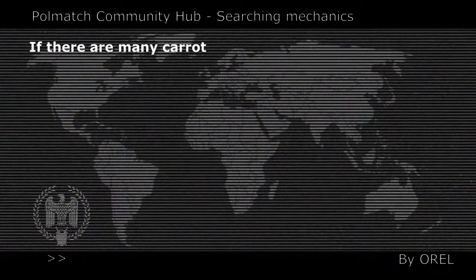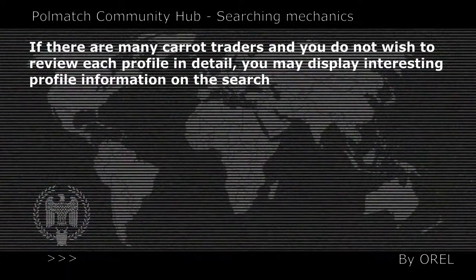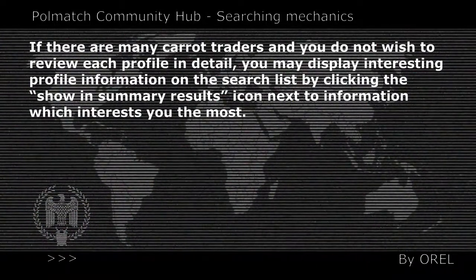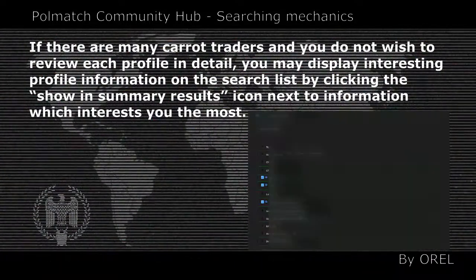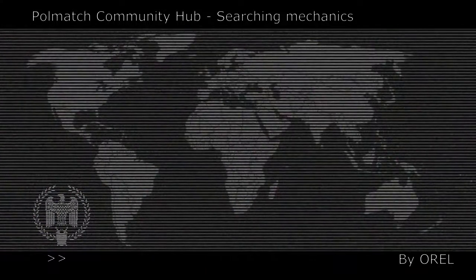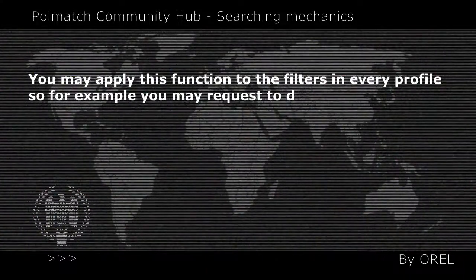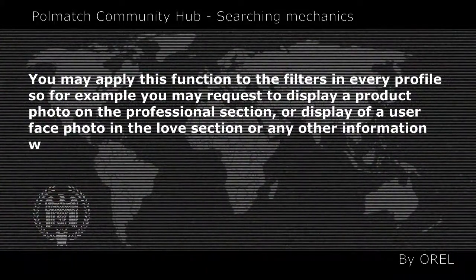If there are many carrot traders and you do not wish to review each profile in detail, you may display interesting profile information on the search list by clicking Show in Summary Results icon next to the information which interests you the most. You may apply this function to the filters in every profile.